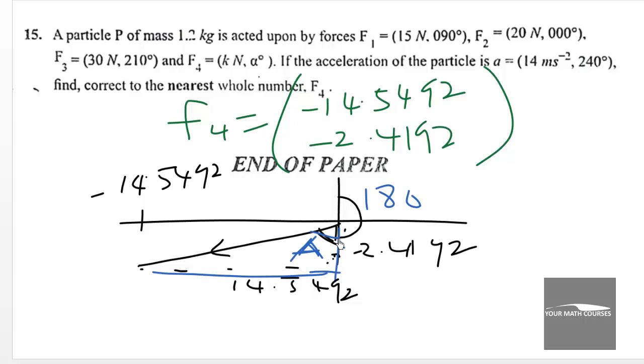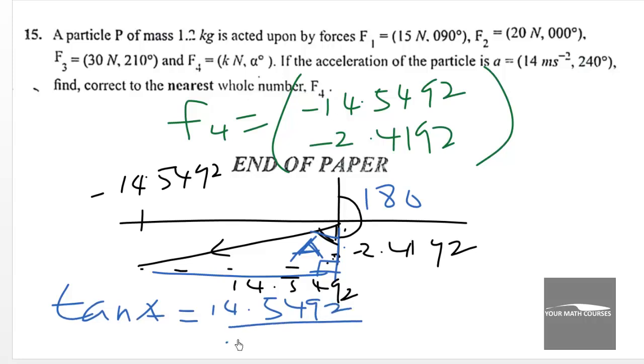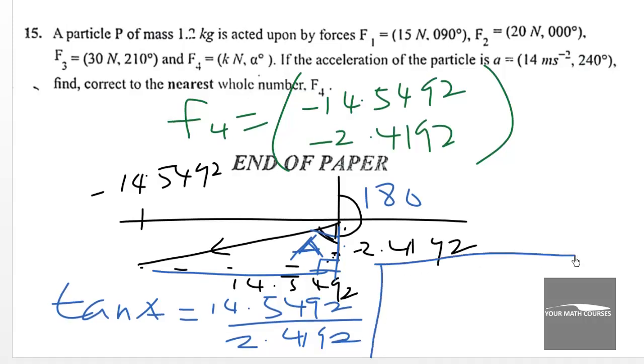So we have tan A from the right angle triangle. Tan A will be equal to opposite, which is 14.5492 over 2.4192. We are using only their magnitude, the side length of the triangle, to find the value of A.